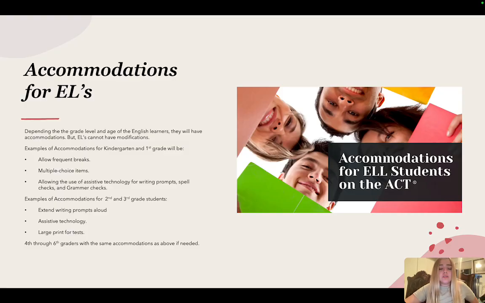Examples for 2nd and 3rd grade students are extended writing prompts, assistive technology, and large print for tests, and 4th through 6th graders have the same accommodations as above. It follows the same pattern, but again it depends on whether the needs of that specific student are limited or way more than the ones I stated.